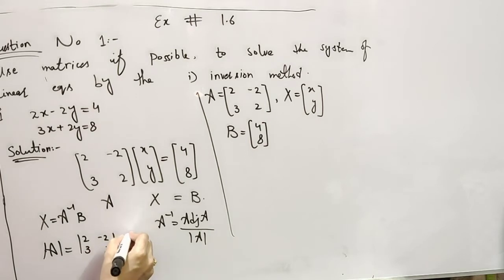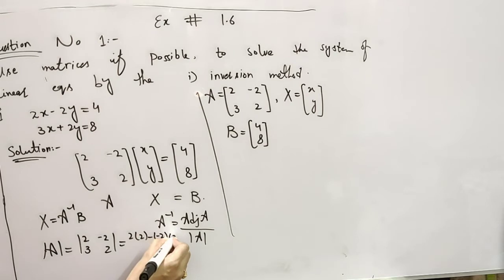It will be equal to 2 into 2 minus (-2) into 3. This is equal to 4 plus 6, which is equal to 10. So 10 is not equal to 0, so we can say that A inverse exists.